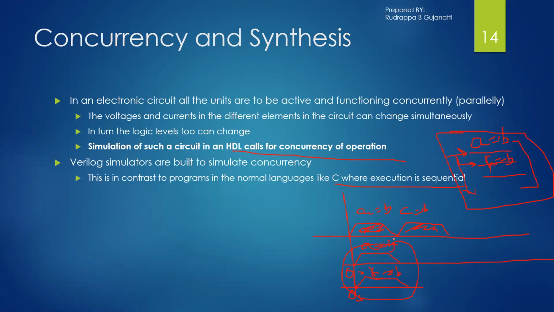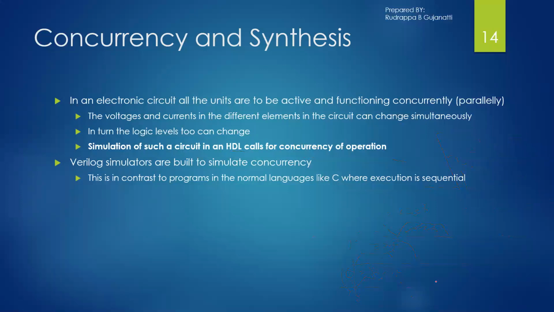If I don't want any ambiguity, and some dependency is there, then I should check that some sequential construct has to be put in Verilog. That is the difference between Verilog and programs such as C. C is sequential in nature and Verilog is concurrent in nature.